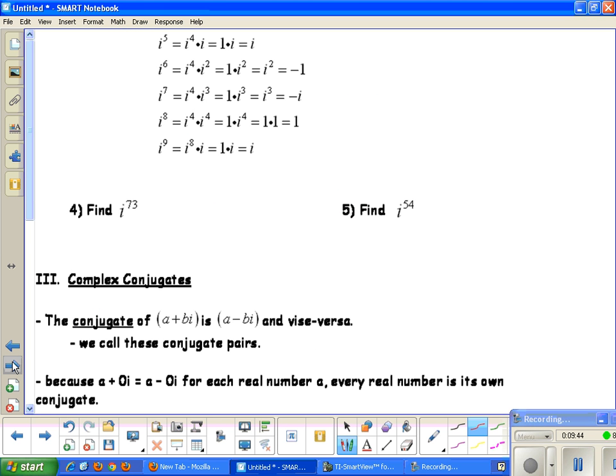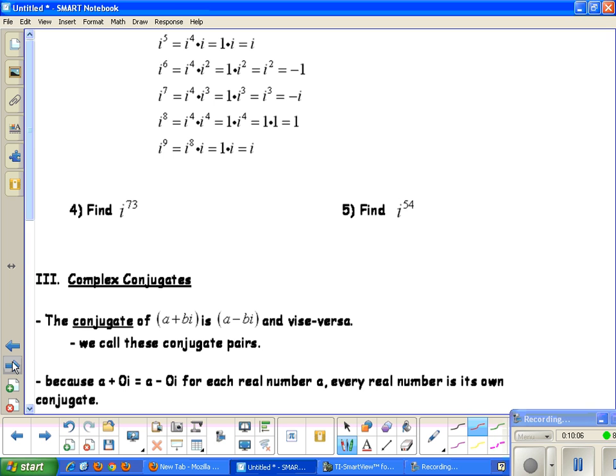And just to show you that they go in cycles of 4, I also wrote up i to the 5th, 6th, 7th, 8th, and 9th power. So notice the cycle next would be i, negative 1, negative i, 1, and then i, and it would keep on going. But if I wanted to find i to the 73rd power, I wouldn't want to have to always count it out, so that's why we do our division.